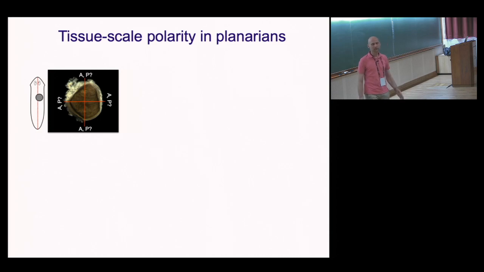Well, that was actually a key theme of Suzanne's work as well, is that when you look at PCP during fly wing development, it is actually very dynamic. And you will see that at different stages of development, the PCP vectors in a specific area will point in different directions. So in this sense, it can be dynamic, it can be reoriented.